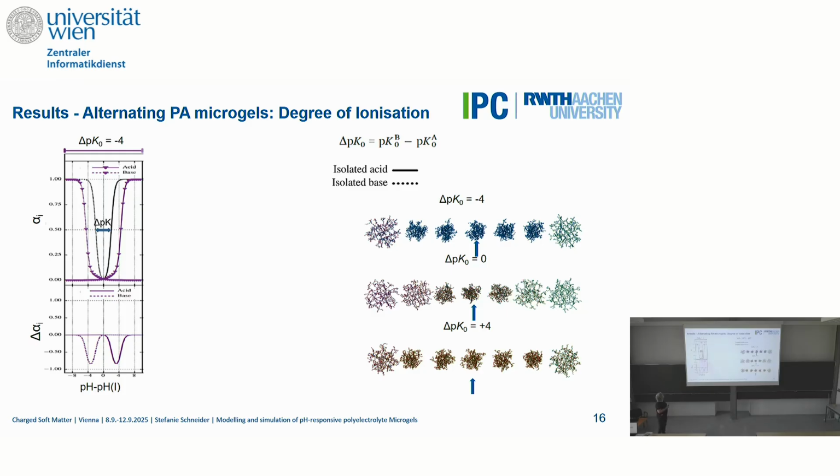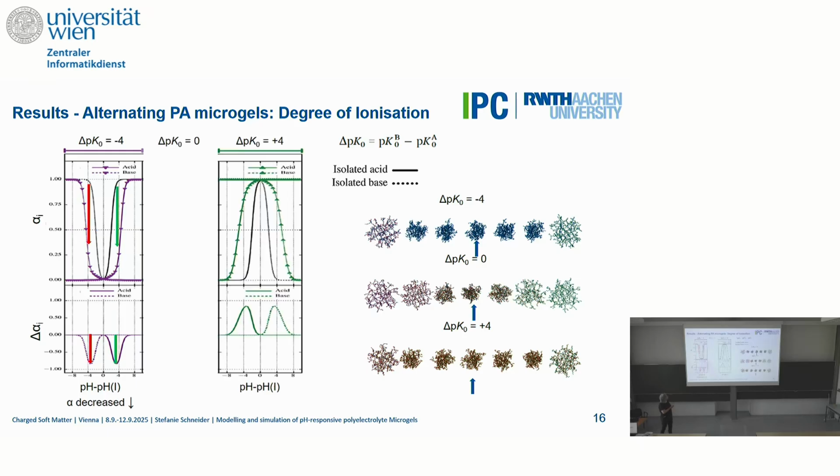So this is the case at low pH, the base is fully charged, and then ionization decreases and actually is very low before even the acid starts to get ionized. So the two polyelectrolytes don't know anything of each other. So basically also the ionization is decreased in both cases.